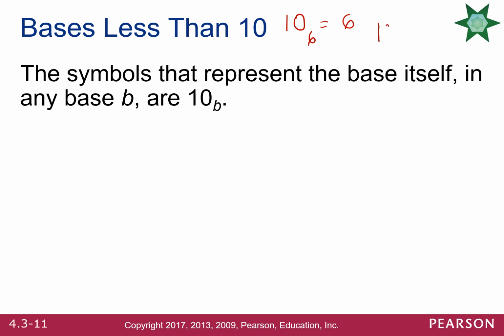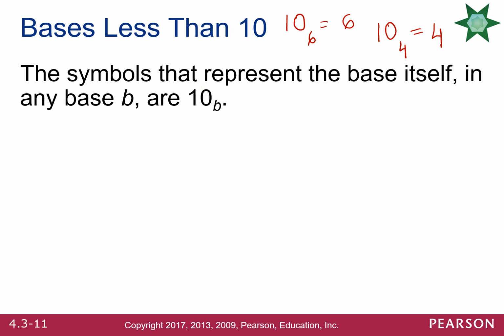If we have 10 base 4, all right, it will always evaluate to a 4. All right, so that's what this is saying. The symbols that represent the base itself are 1 and 0 for any base. All right, and we will now understand why that is so.